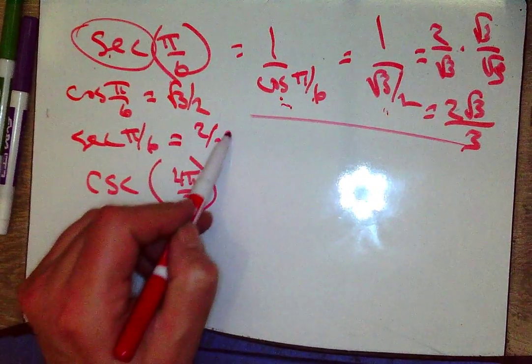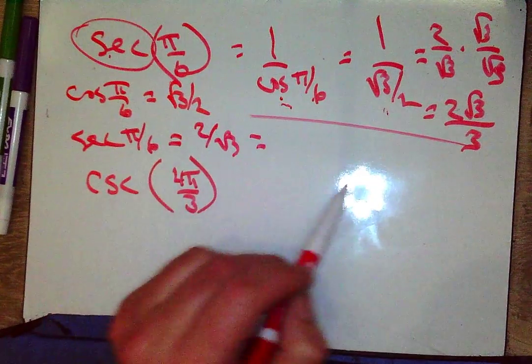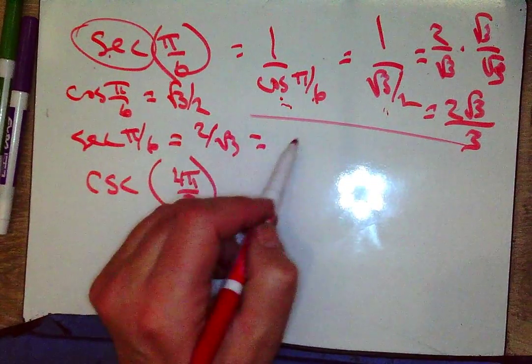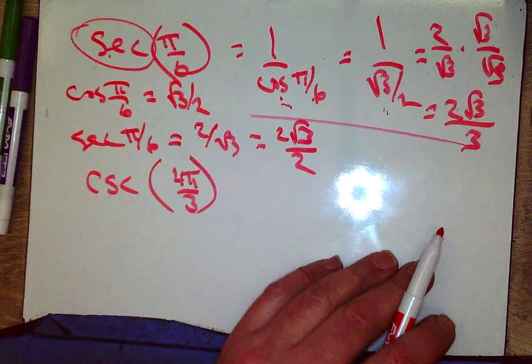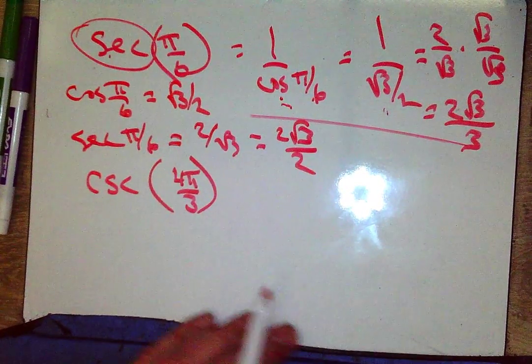I want 2 over root 3. And yes, you really do need to be in the habit of rationalizing that, because that's what you're going to see on things like the ACT and the U of A math placement test.